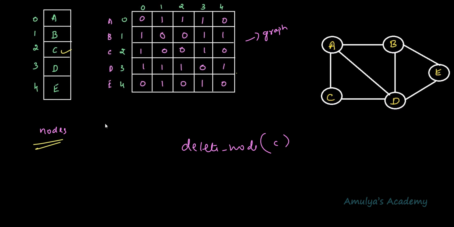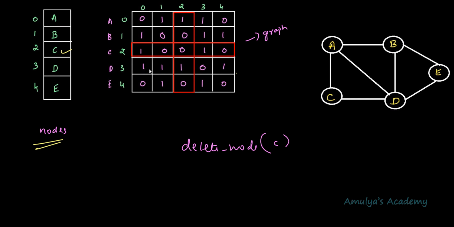Next, what do we need to do? The first step is to delete the row and column from the adjacency matrix, right? Here C is present at index two. That's why we need to delete the second row and the second column from the adjacency matrix.